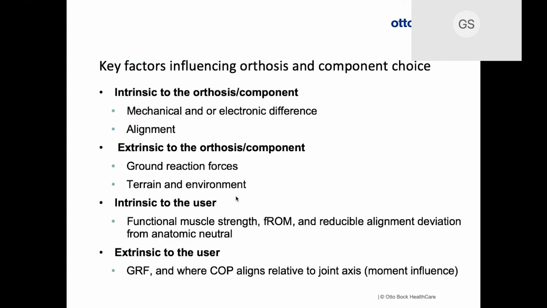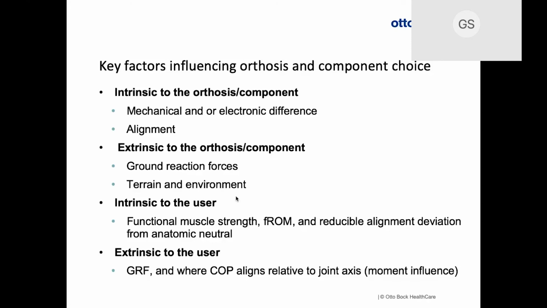So when we look at how orthotic design and component design influences this, we look at intrinsic things. What are the components, how are they performing mechanically, what are we trying to achieve in terms of stops or more appropriately guidance, and then also in terms of alignment. Then extrinsic to the orthosis, what are the ground reaction forces, not only on level terrain, but also on uneven terrain.